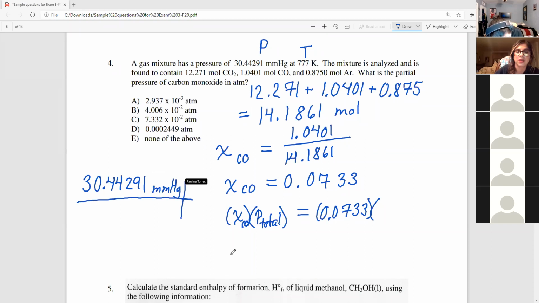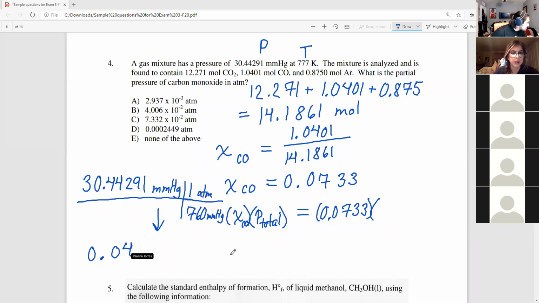Okay, and then what is our conversion? Divide by 760. Yes, 1 atmosphere is 760 millimeters of mercury. So 30.44291 divided by 760, and we should get 0.04 atmospheres. Is that what you all got? Yes.